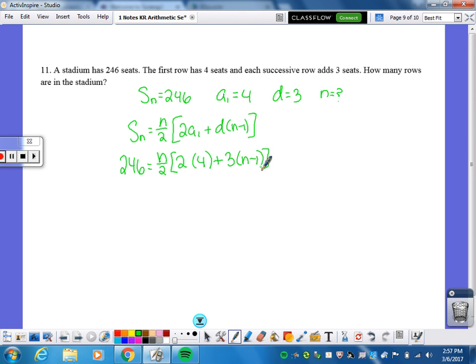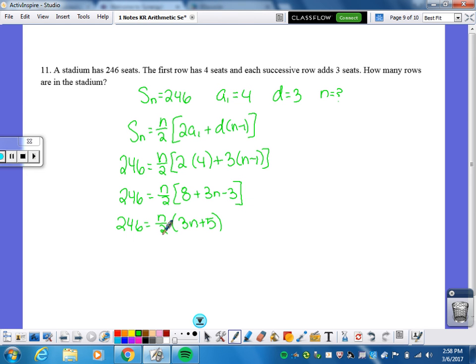We could simplify this a little bit. 246 is equal to n over 2 times 8 plus 3n minus 3. 246 is equal to n over 2 times 3n plus 5.